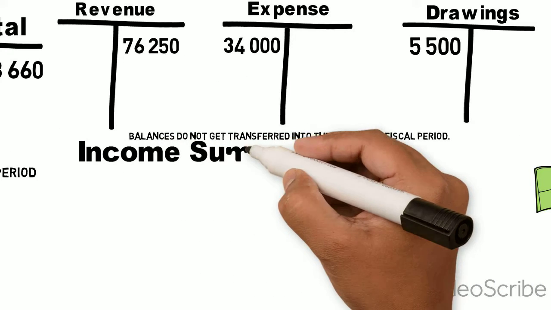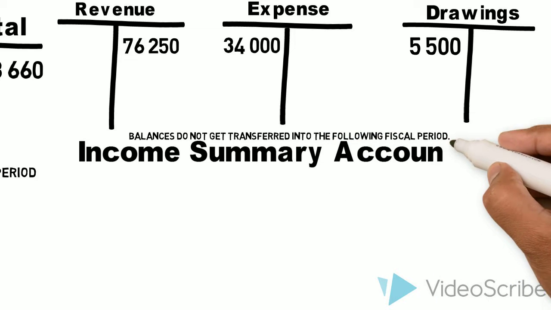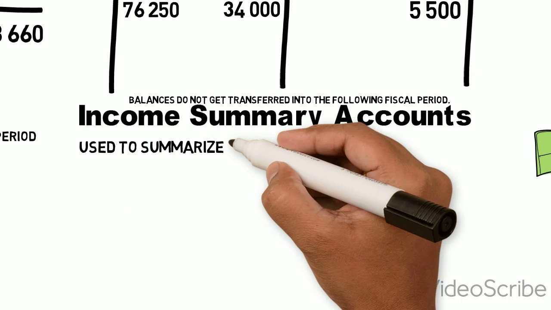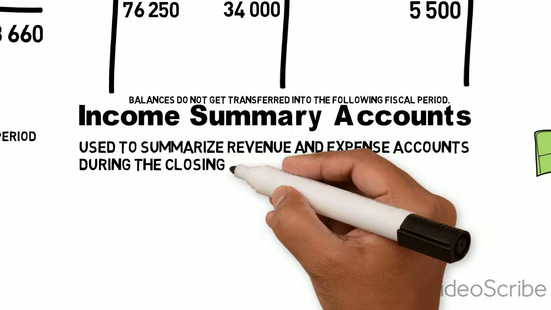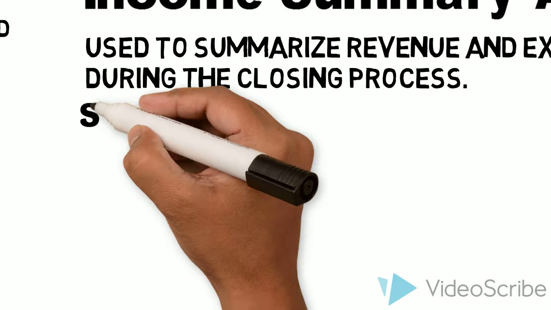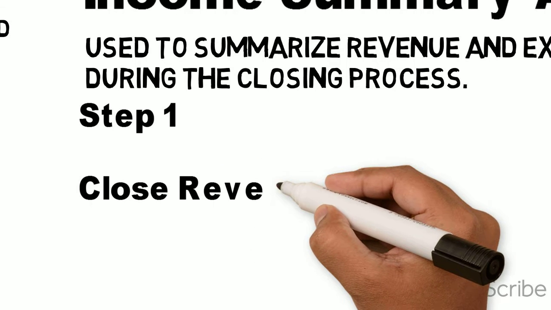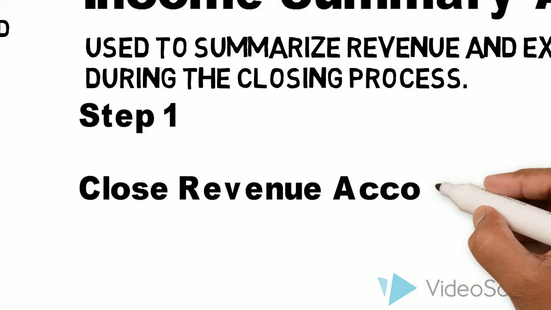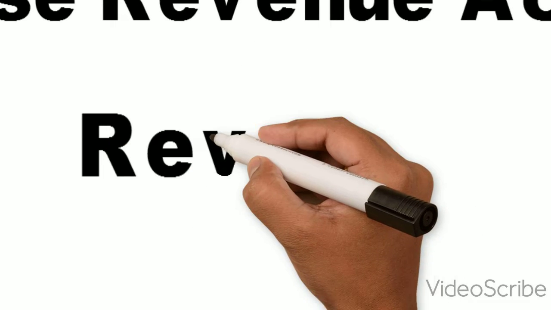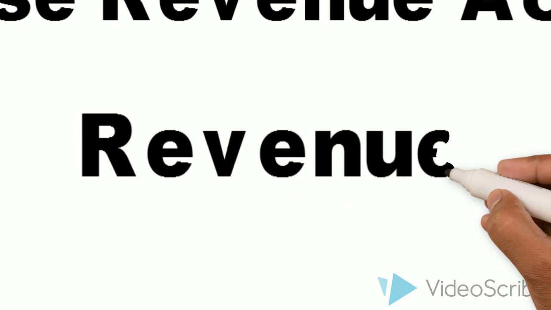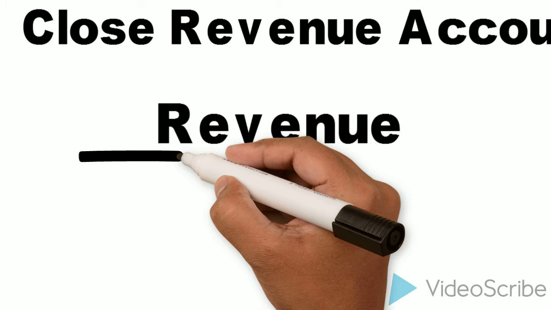When doing closing entries, income summary accounts are very important as they are used to summarize revenue and expense accounts during the closing process. The first step of closing entries is to close all the revenue accounts into the income summary account. The revenue would regularly have a credit balance, so we would now debit the revenue account in order to zero it out.